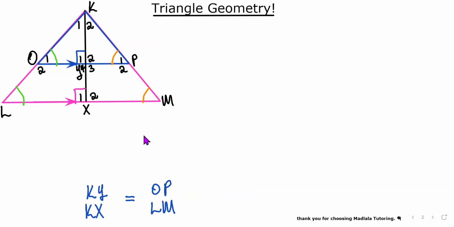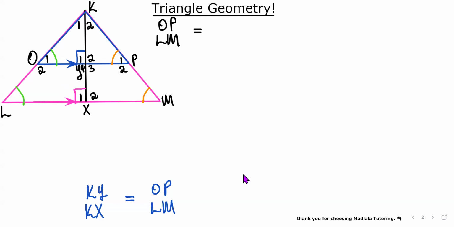So now we go to similarity first. And we understand that the side opposite angle K, that is OP in the smaller triangle, and that's LM in the bigger triangle. So I say, if I take OP in the smaller triangle, I divide it by LM in the bigger triangle, this will be the same as what? I go to similarity first.